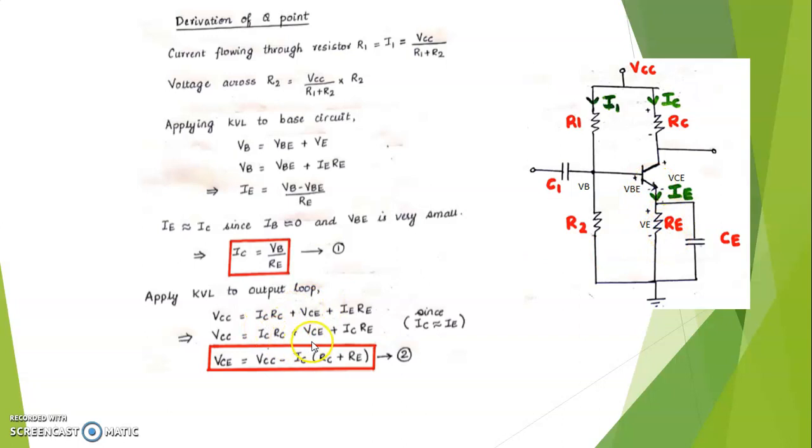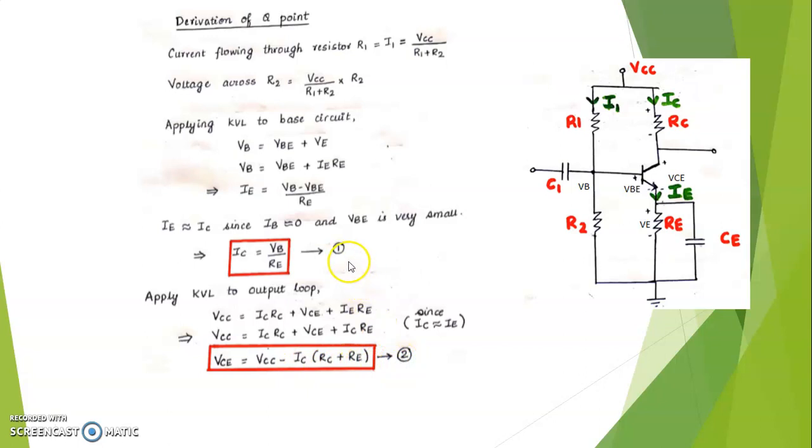And we are going to replace this IE with the term IC, because IC is approximately equal to IE as IB is very small. We'll take the common term IC from both these terms and rearrange to get VCE is equal to VCC minus IC into RC plus RE. So this is the second equation.